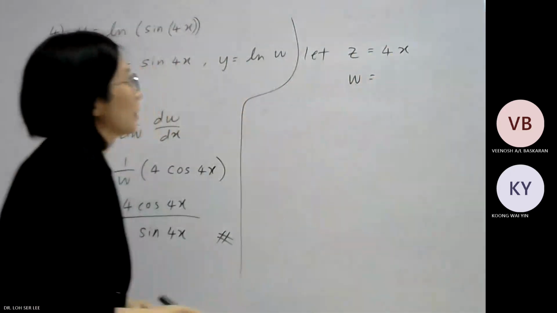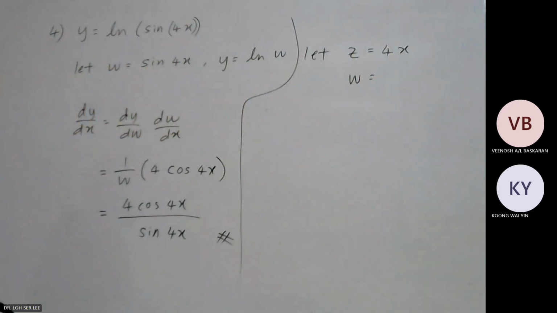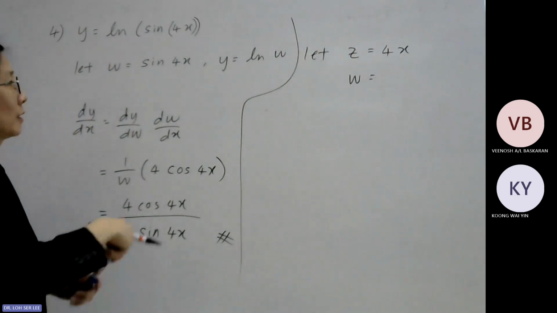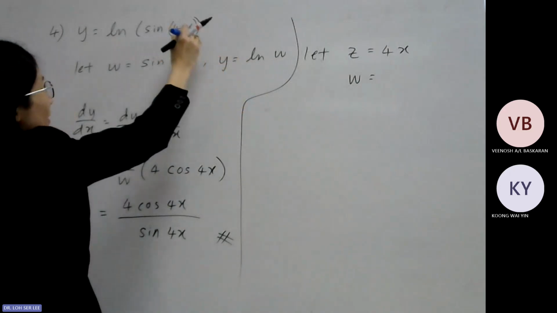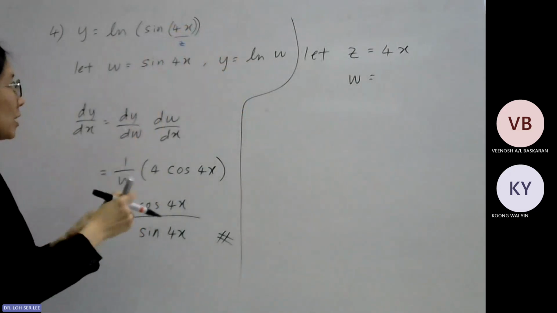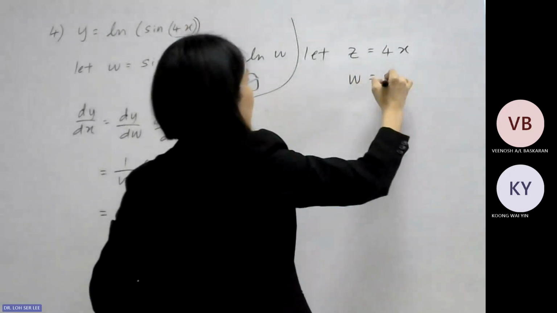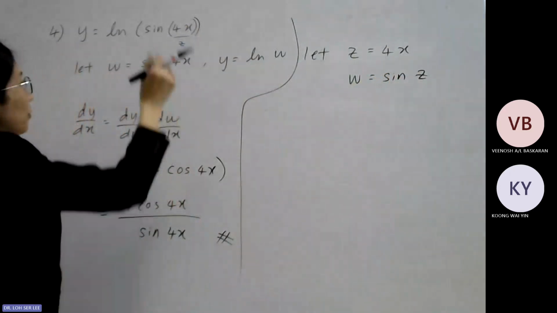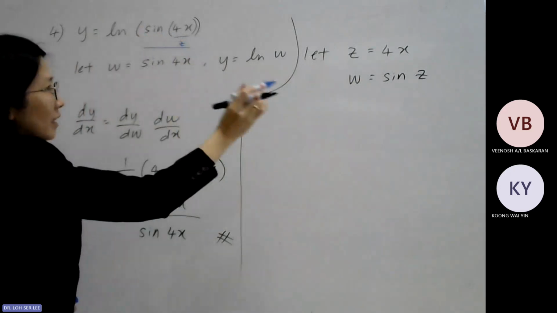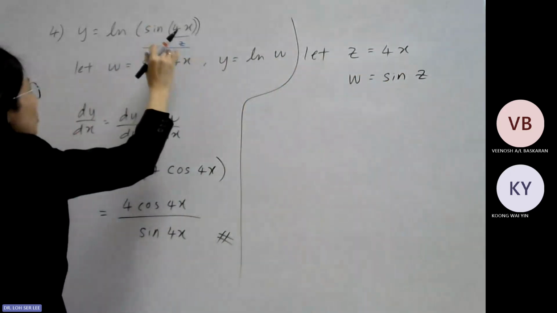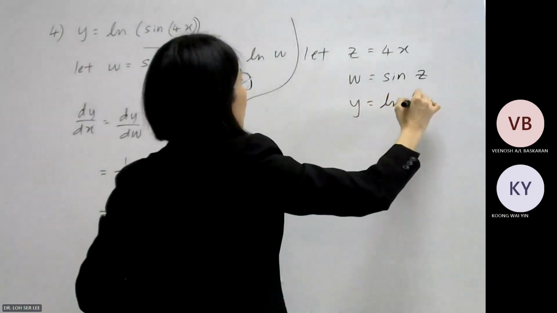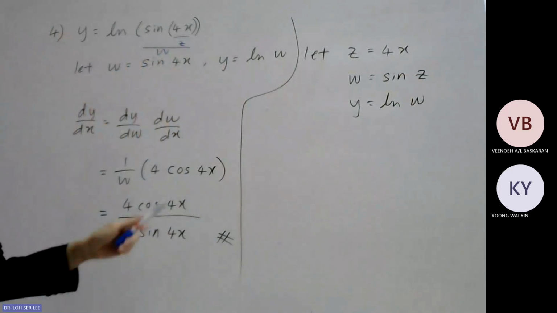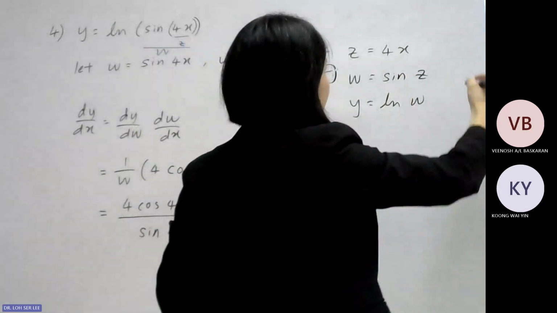Then your w will be sine z. This one is z. So your w will be sine z, and sine z is W now, so your y will be ln W. So this is extended chain rule.